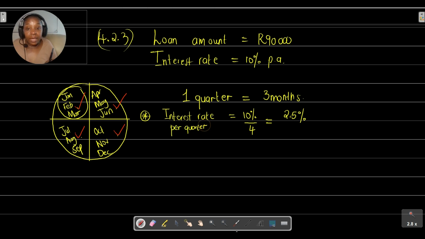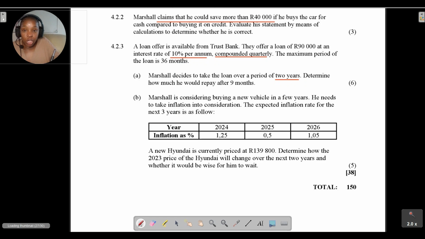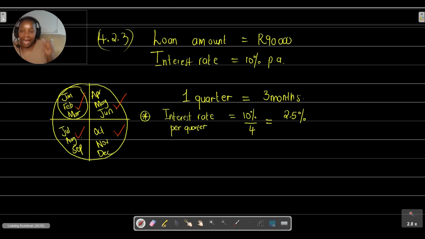The next thing we need to look at is the period that interest will be charged. So he decides to take up a loan over a period of 2 years. Determine how much he would pay after 9 months. So now we want to determine how much Marshall will actually pay after just 9 months of taking this loan.